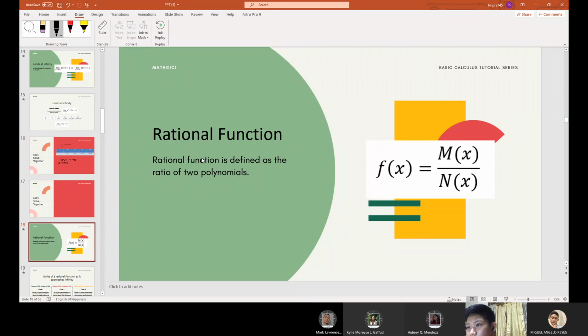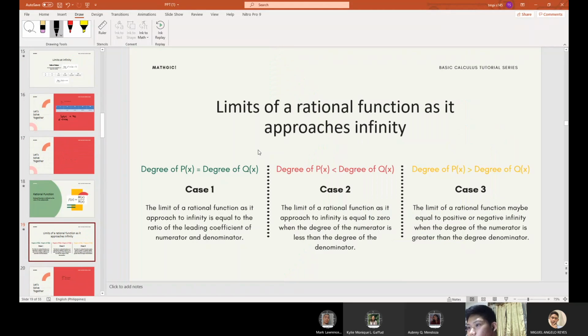Next topic, the rational function. A rational function is defined as the ratio of two polynomials, m of x and n of x. This is the numerator and this is the denominator. There are three cases in the rational function.